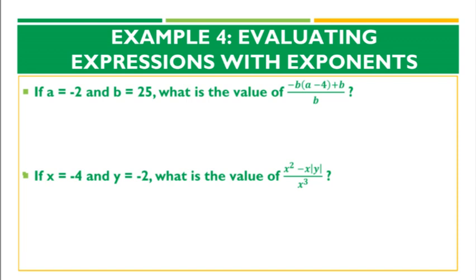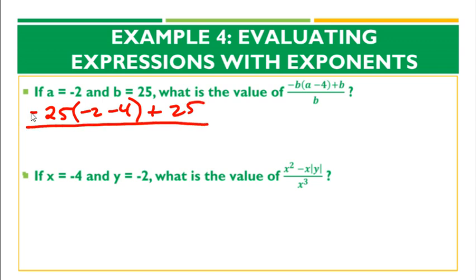Next one, if a is negative 2 and b is 25, what is the value? So negative 25 times (a, which is negative 2, minus 4), plus b, which is 25, all divided by 25. So let's simplify the top. Negative 2 minus 4 is negative 6.